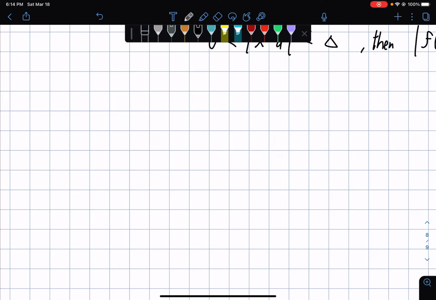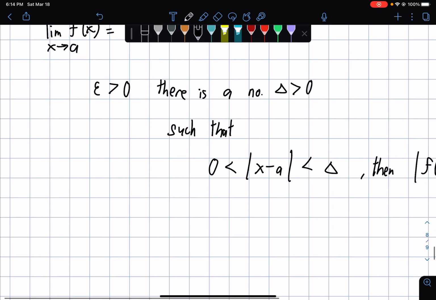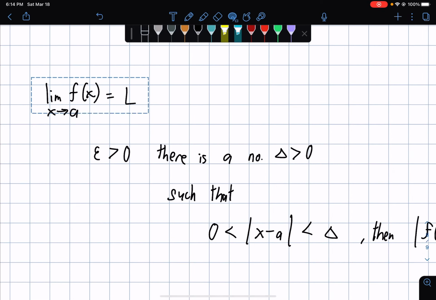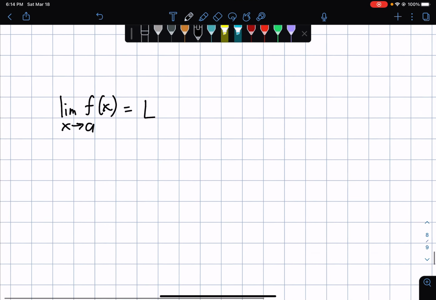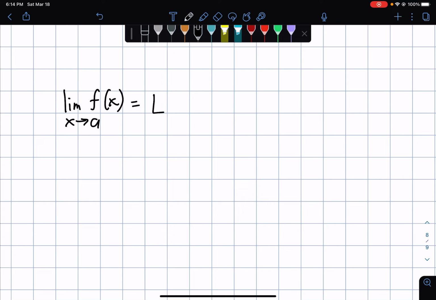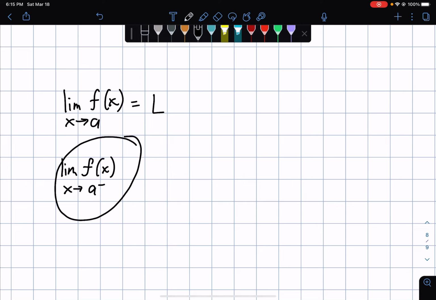So the limit of a function exists if and only if the one-sided limits of the function are equal. And for its one-sided limits, the left- and right-hand limits, the limit exists if they're equal to each other. So lim f of x such that x approaches a from the left side is the left-hand limit.